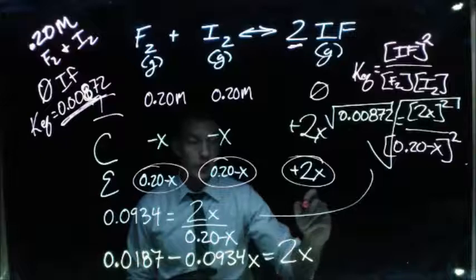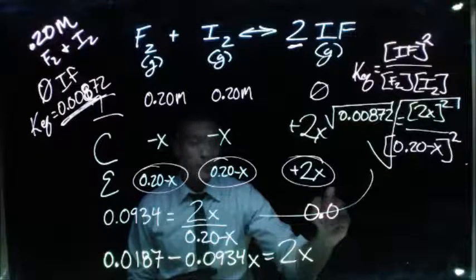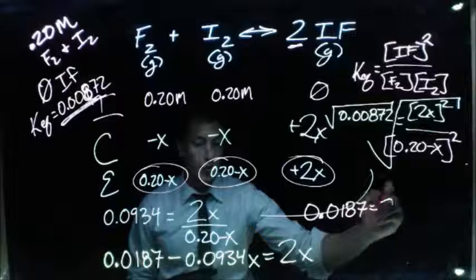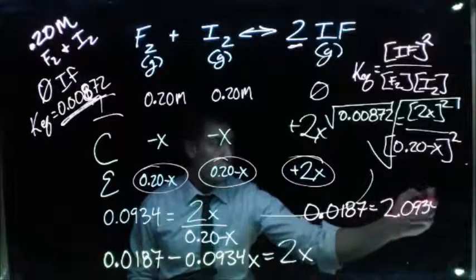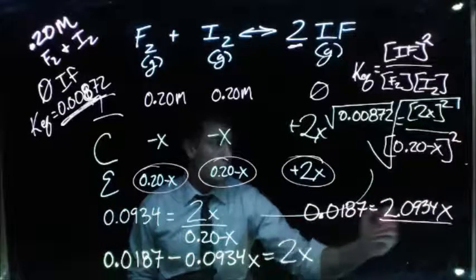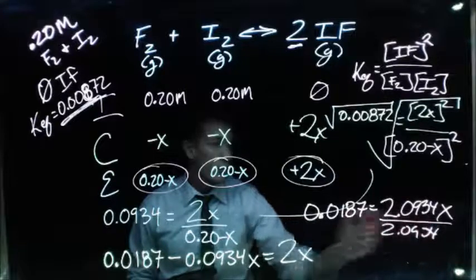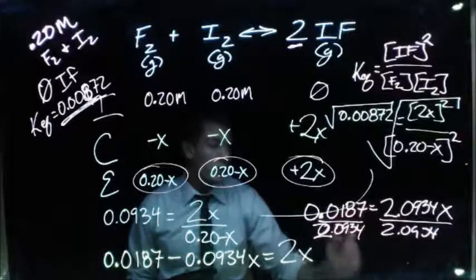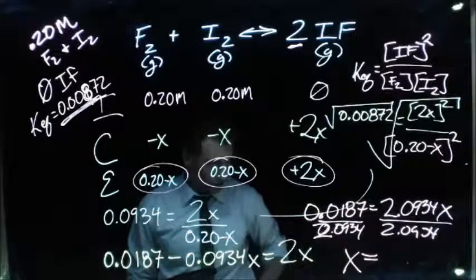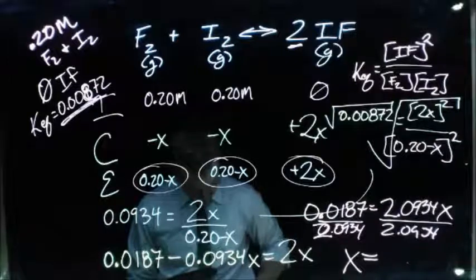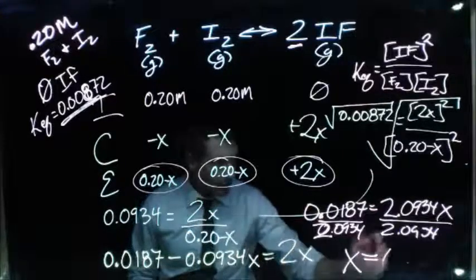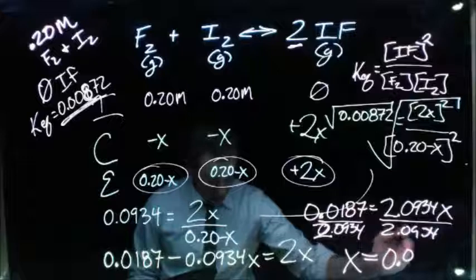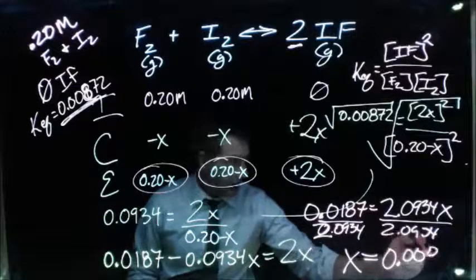So that would leave us with 0.0187 equals 2.0934x. Divide the 2.0934 back to there, and x ends up equaling 0.0089.